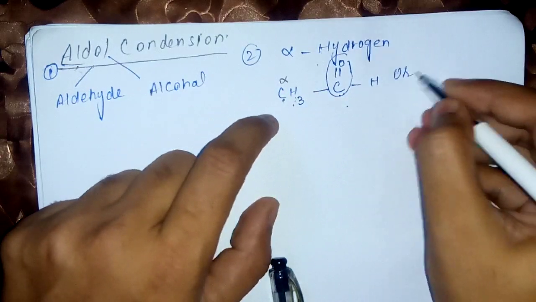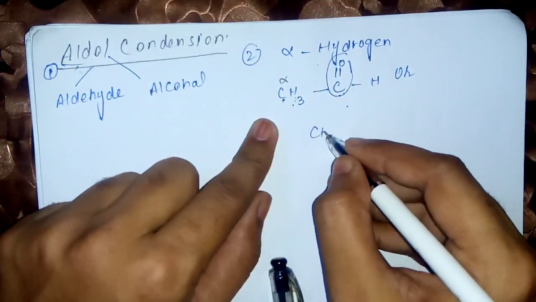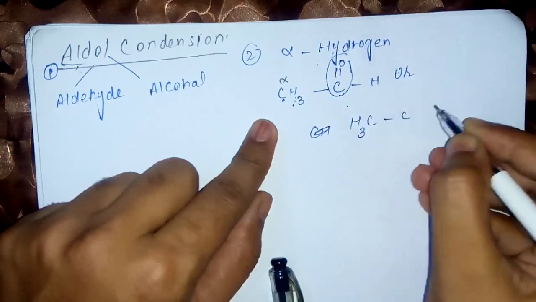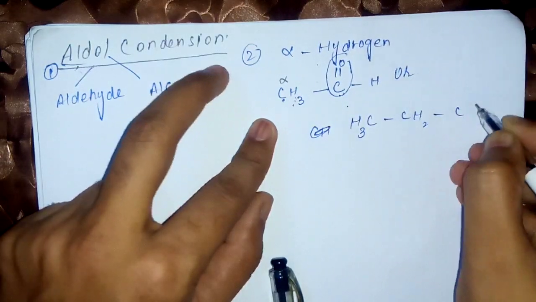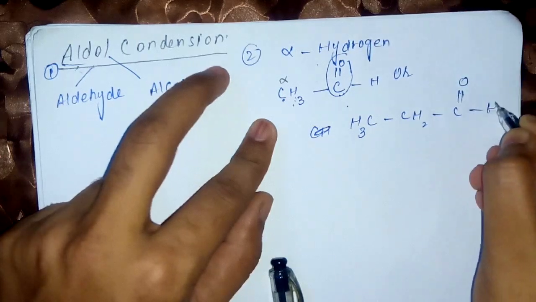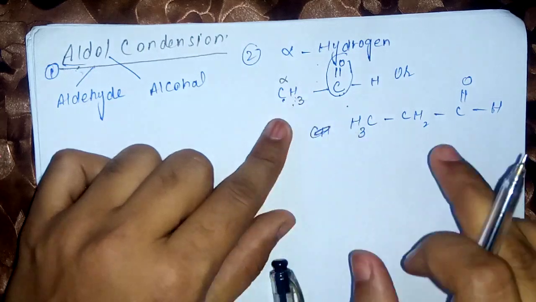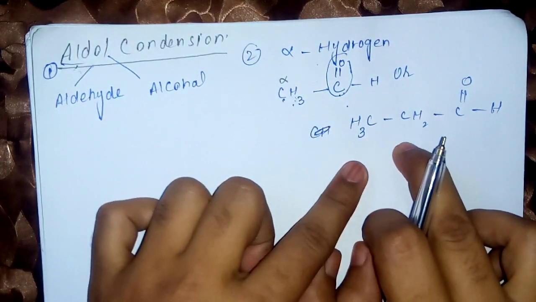Take another example. So here, where is the alpha hydrogen? This is called ethanol and this one is called propanol.